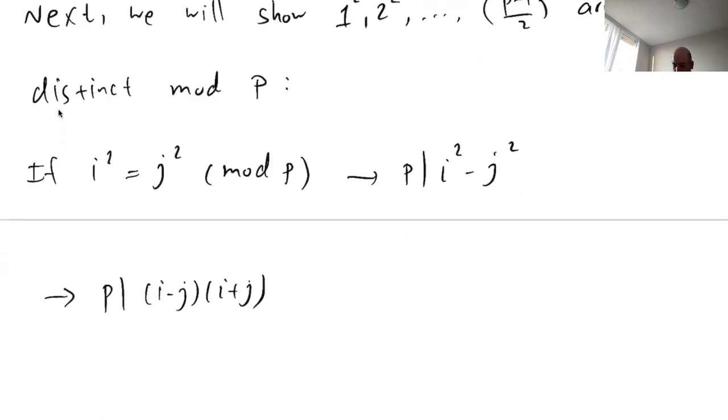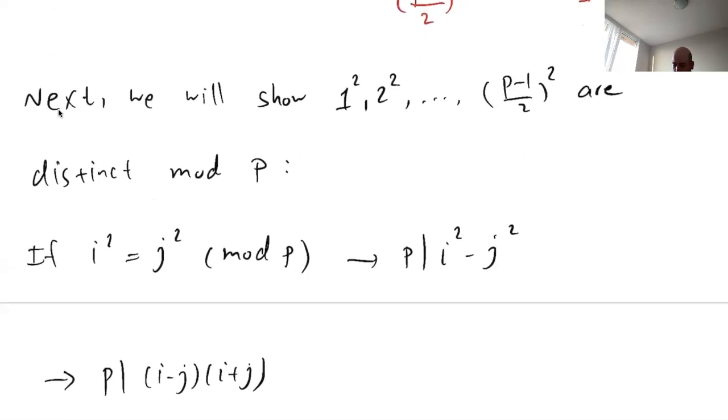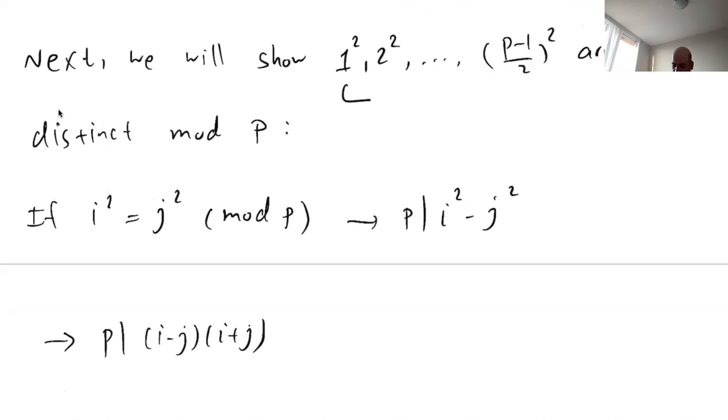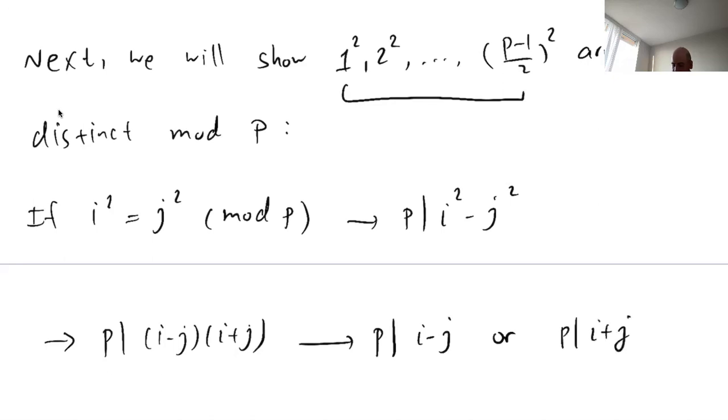So now if I'm talking about these numbers, if i and j come from this list, then i plus j will be at most p minus 1, right? Because i and j are between 1 and (p minus 1)/2. So that means p divides i minus j, or p divides i plus j.